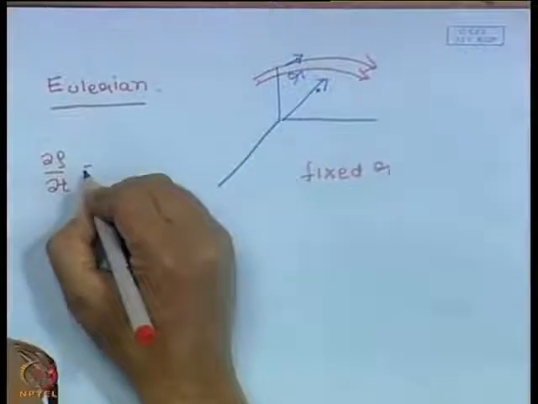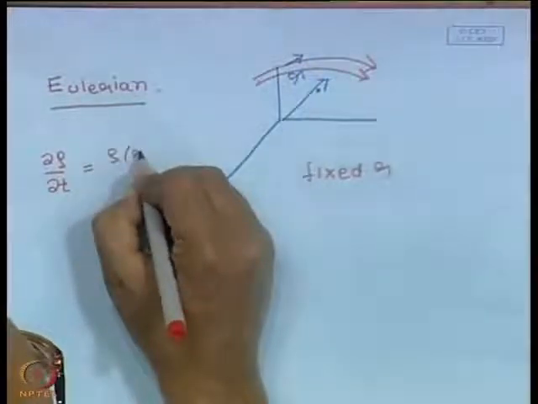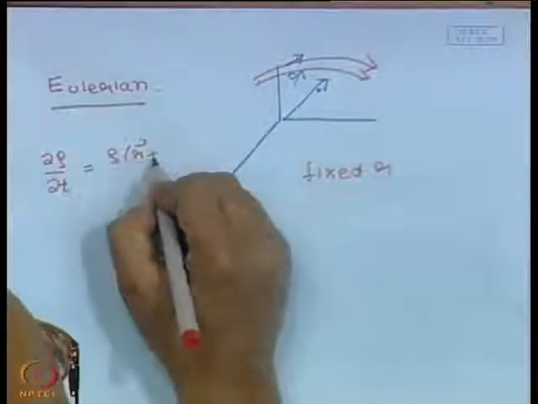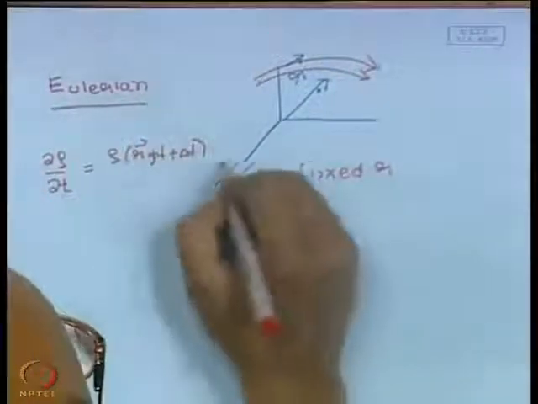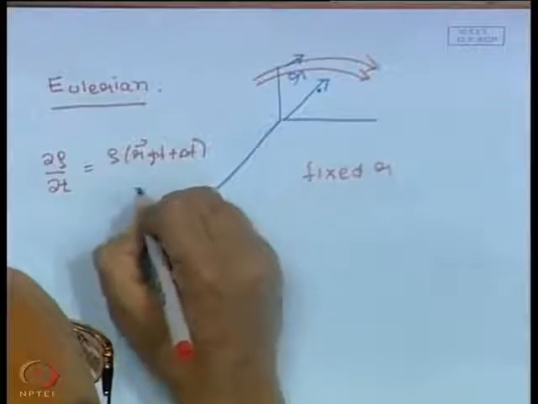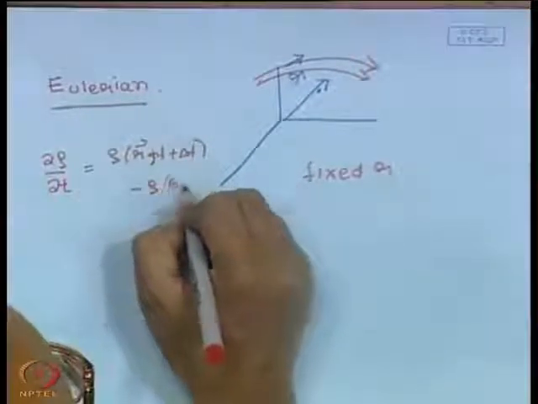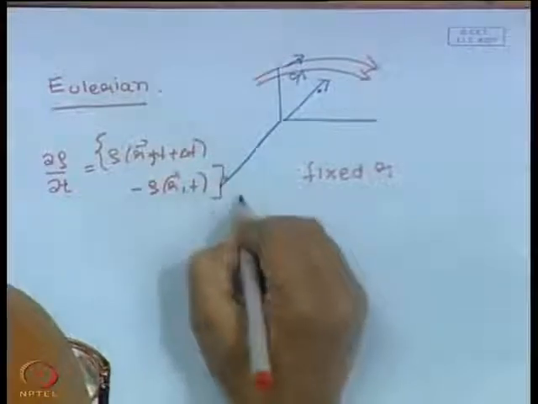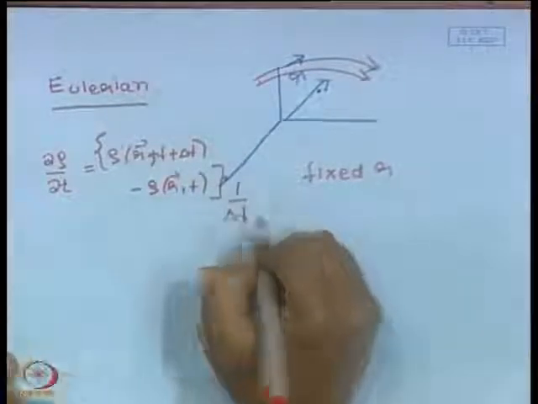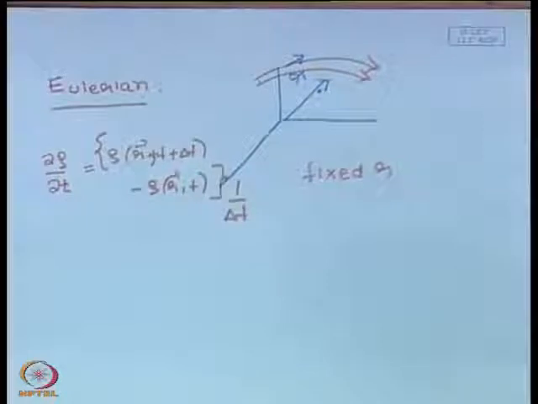This is rho at r comma t plus delta t minus rho at r comma t, the whole thing divided by delta t, right. So, we can look at the derivatives and things like that in this Eulerian picture.